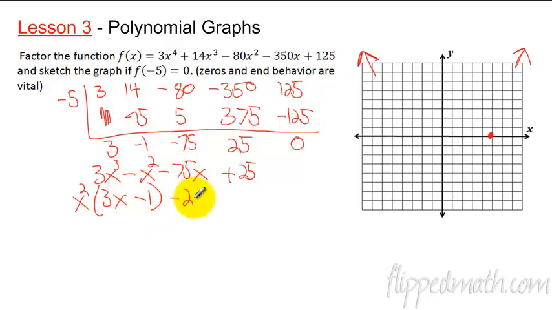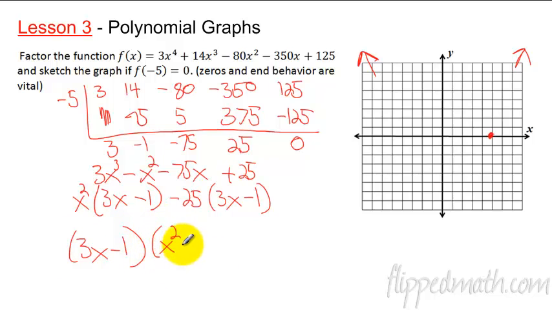A negative 25. What's left? A 3x minus 1. So here are our factors. We have 3x minus 1, we have x squared minus 25, and we had originally an x plus 5. The x plus 5 comes from the negative 5 as a zero.